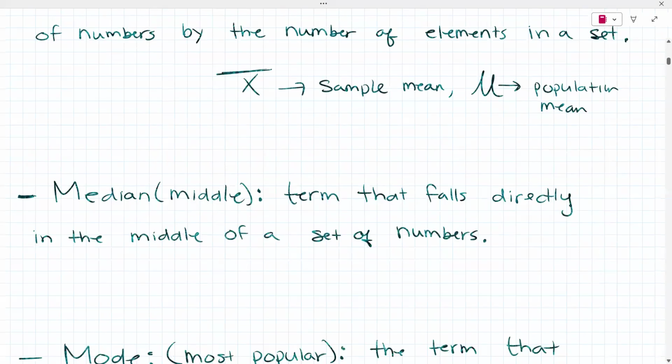The median is the term that falls directly in the middle of the set of numbers. You always make sure the numbers are first in order from least to greatest, and then you pick the number in the middle. Note, if your total amount of numbers is even, you take the average of the two middle numbers.